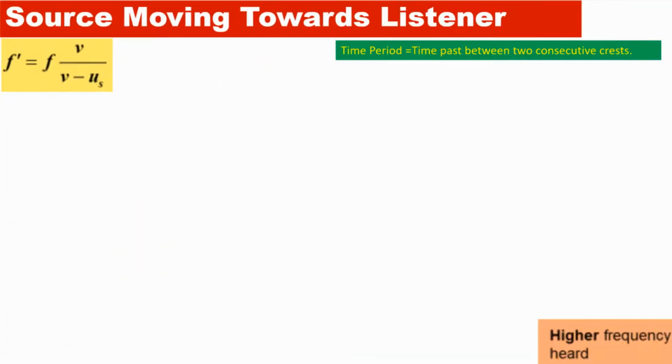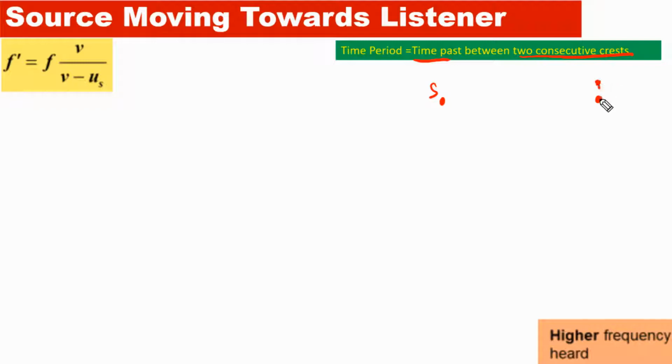First of all, let's try to understand what exactly time period is. Time period, we can simply define as the time passed between two consecutive crests. So what exactly does it mean? We can understand it like this. Let's say we have a source here and a listener at this point.